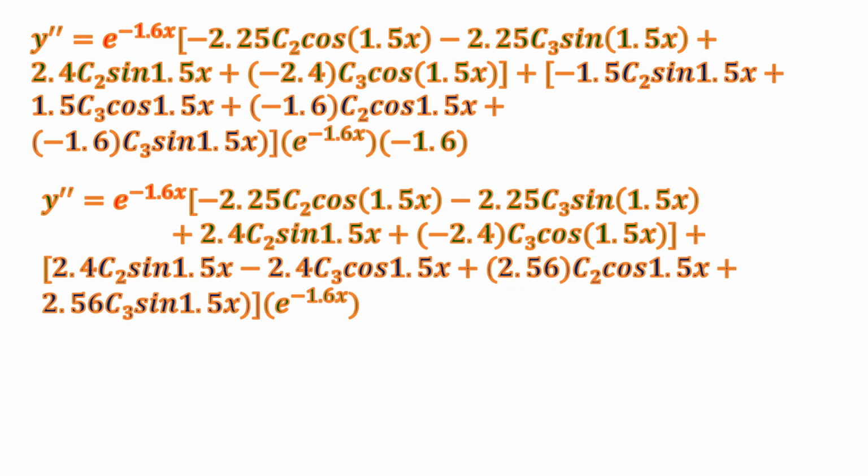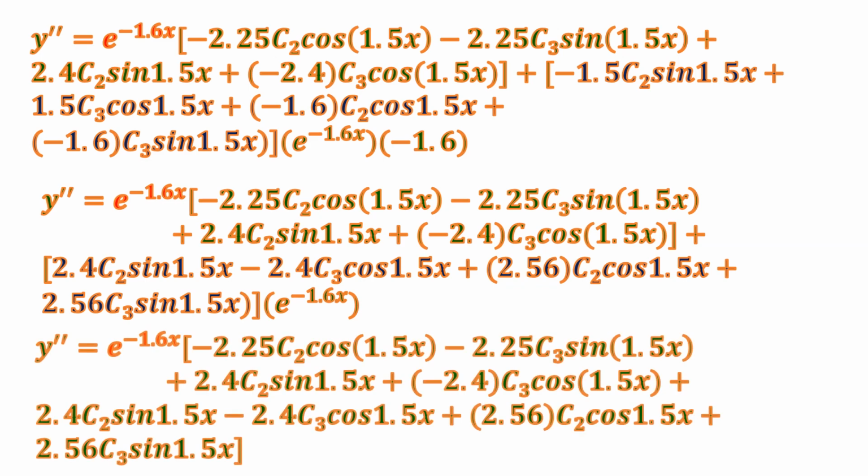The rest is just copied. And then what we did here is we take out the e negative 1.6x. So everything is just copied except that the e to the power of negative 1.6x is factored out. That's why you only have one e negative 1.6x left.